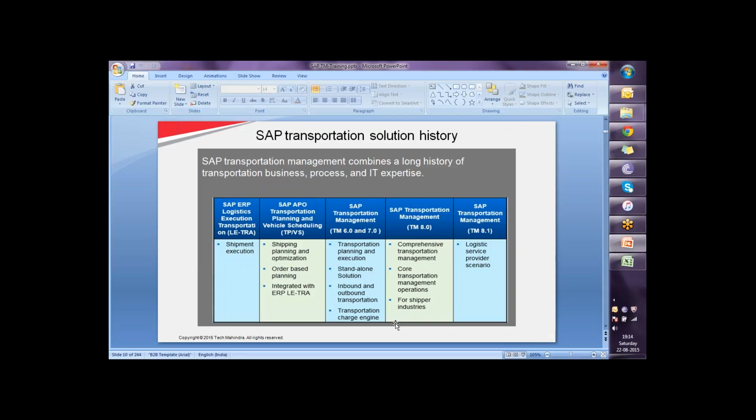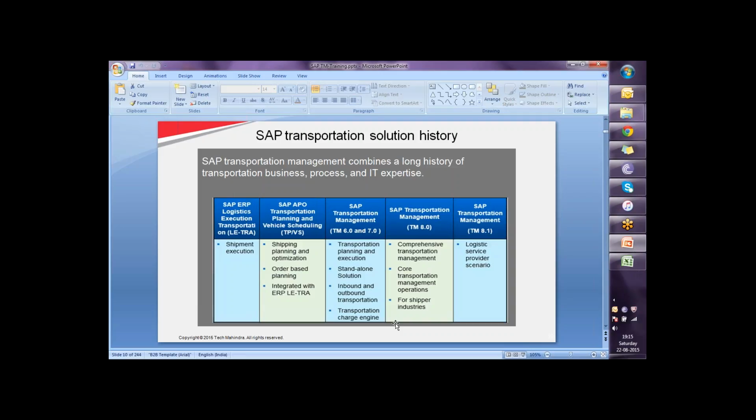Then it offered contract logistics, air freight and ocean freight solutions. It also gave integration points with other systems, like CRM, and of course ECC was there.